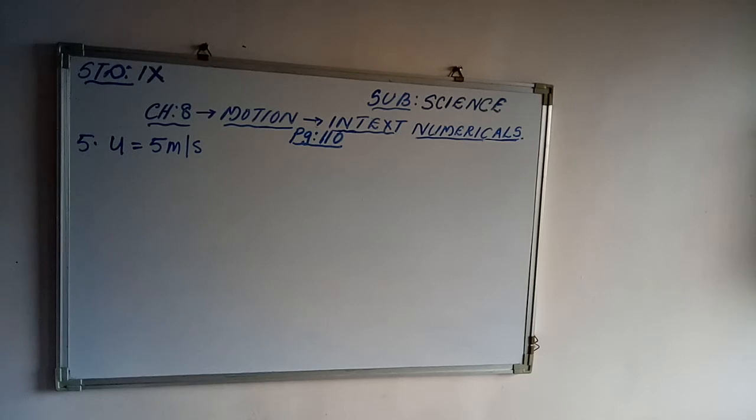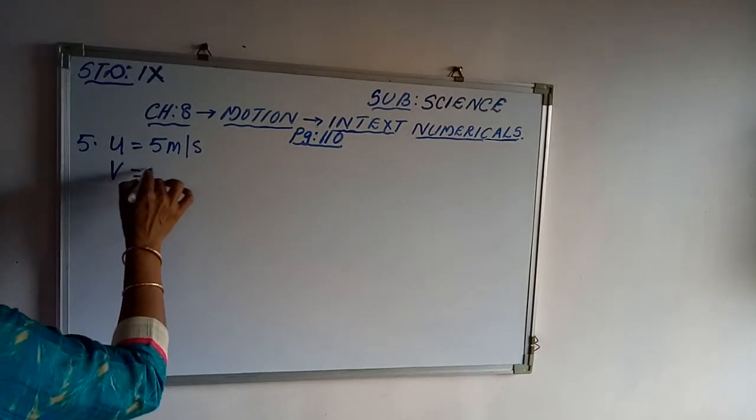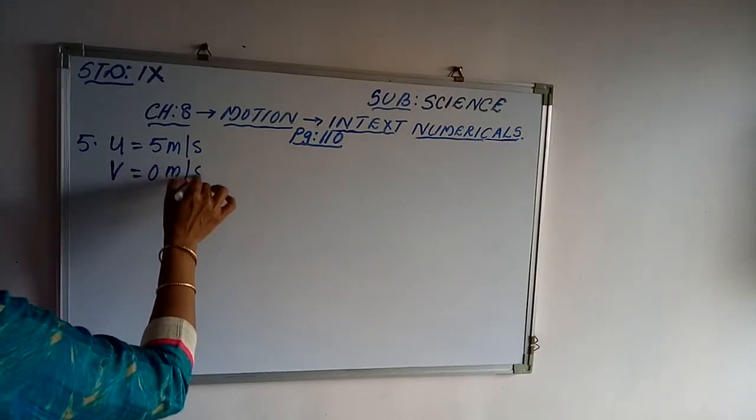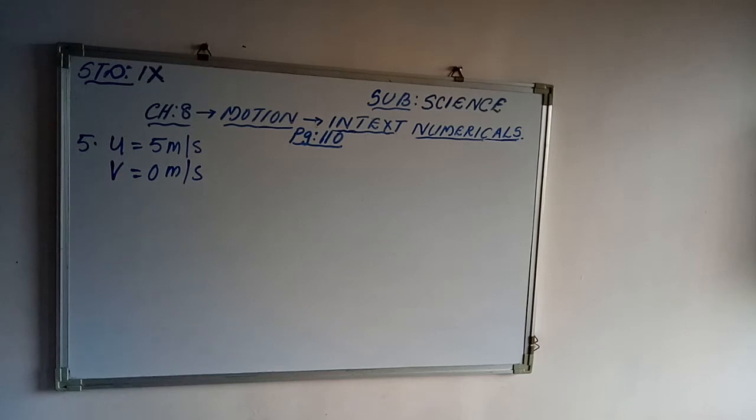And see here, a stone is thrown vertically in the upward direction. So you know that as it is moving in the upward direction, the velocity goes on decreasing. So the final velocity V will be equal to 0 meter per second, isn't it?